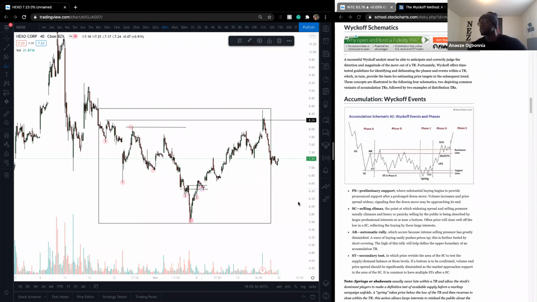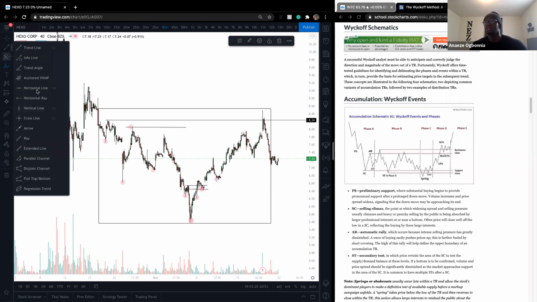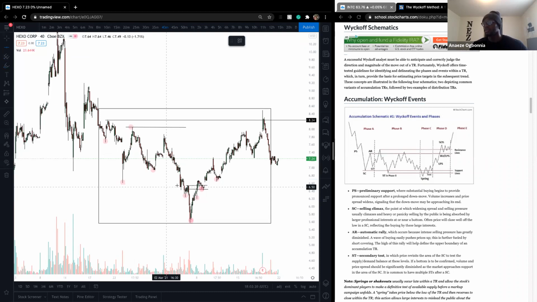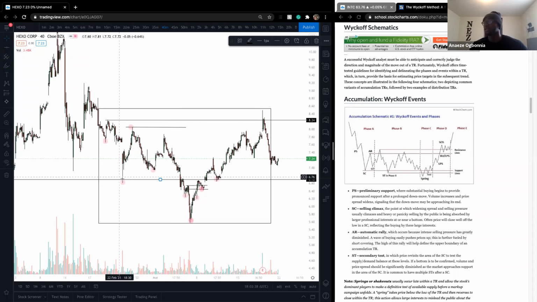Like I said, and then of course you have your next test area. As you can see, that little support area acts as a support and resistance zone. If I added a horizontal line, you're going to see how that test up there acts as that. Of course, this would be your selling climax, so wherever you have your selling climax, that's where you're going to have your line.